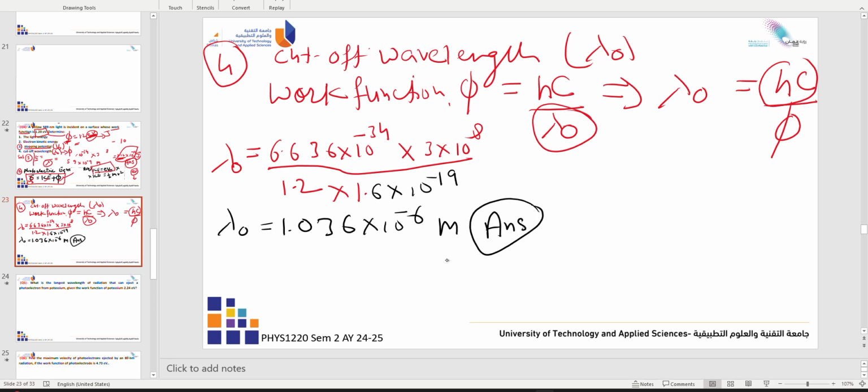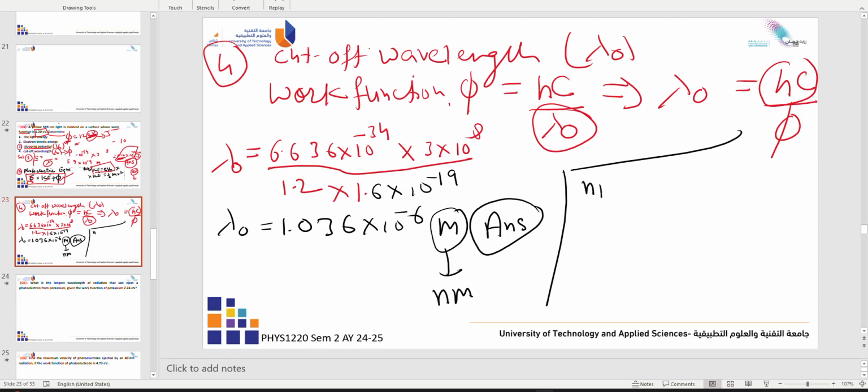But this is a standard unit, and most of the time the question may say, find the value of lambda in nanometer. So you have to change meter to nanometer. Here I am writing one rule: if you are changing nanometer to meter, you have to multiply by 10 to the power minus 9.